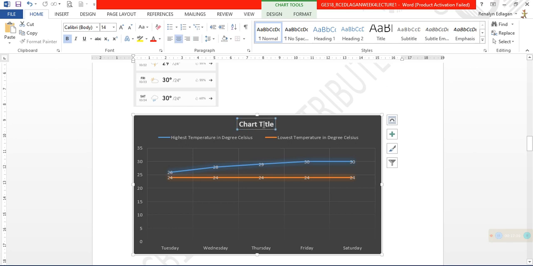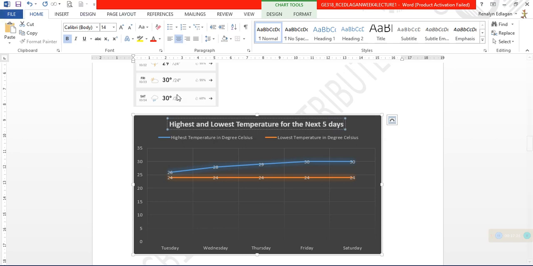So, this is the highest and lowest temperature for the next 5 days.